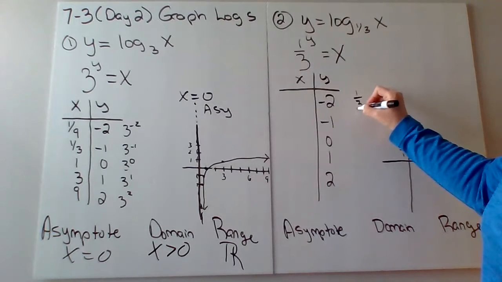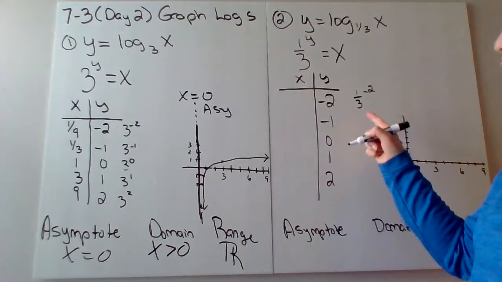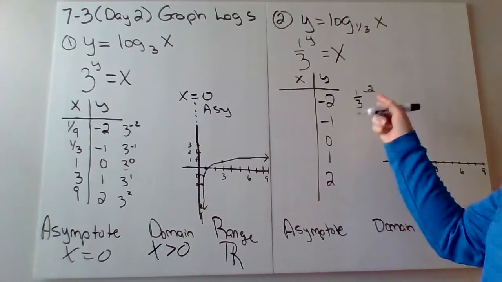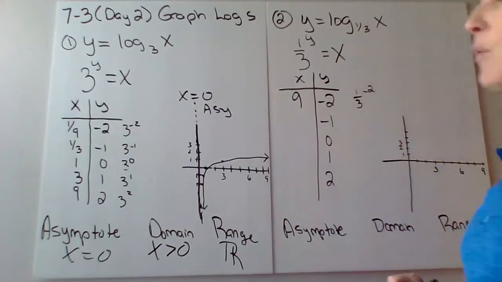So I have 1/3 to the -2 power. You can either remember negative exponents or put that into your calculator, and that would be 9.